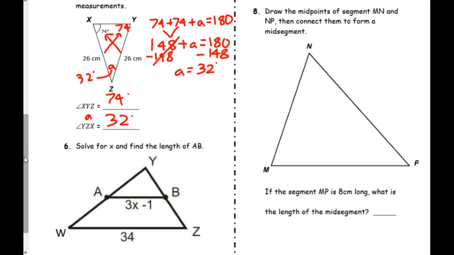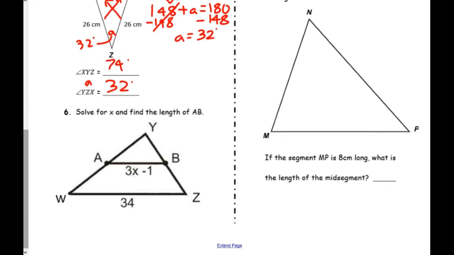Okay. 6. Solve for X and find the length of AB. Okay. Please remember, for mid-segments, you're going to take the mid-segment times, so 2 times AB is going to equal WZ. Okay, 2 times this mid-segment, which is half, will equal the whole, 34.